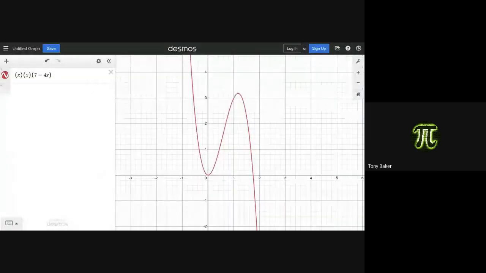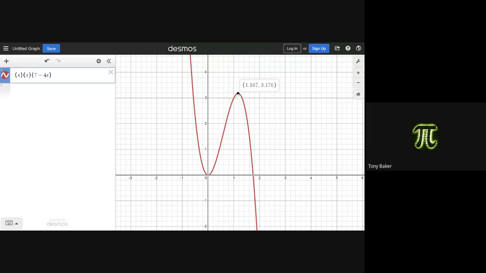So go to Desmos. We graph it, and the peak is going to be my maximum value. So in this case, it's 1.17. So X equals 1.17.